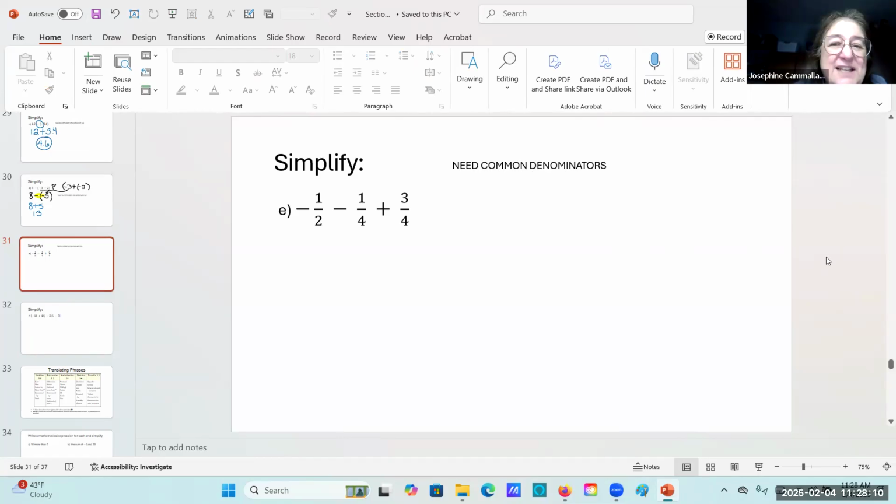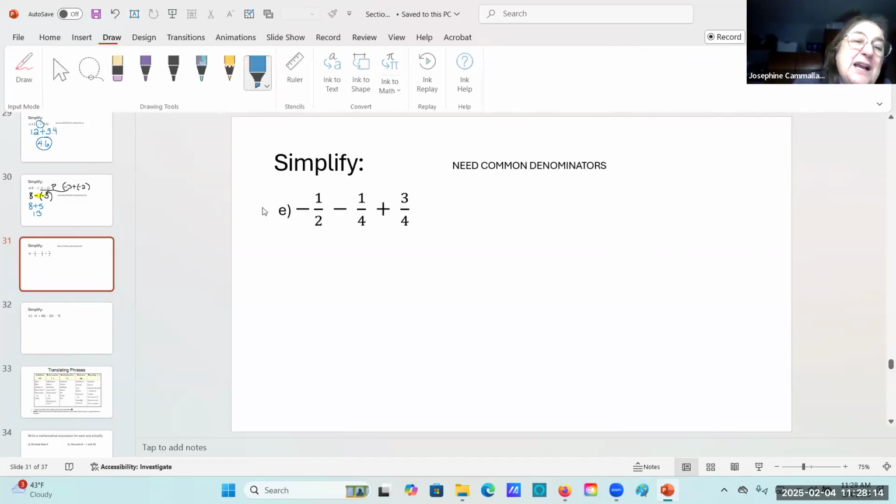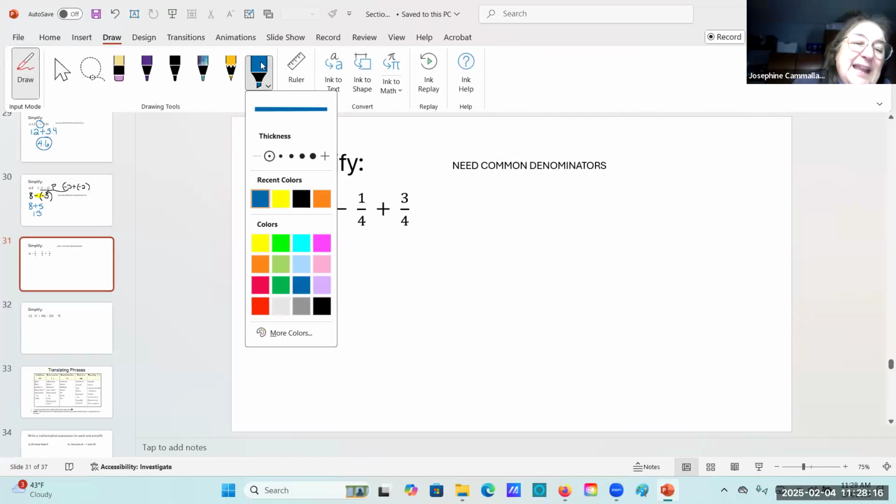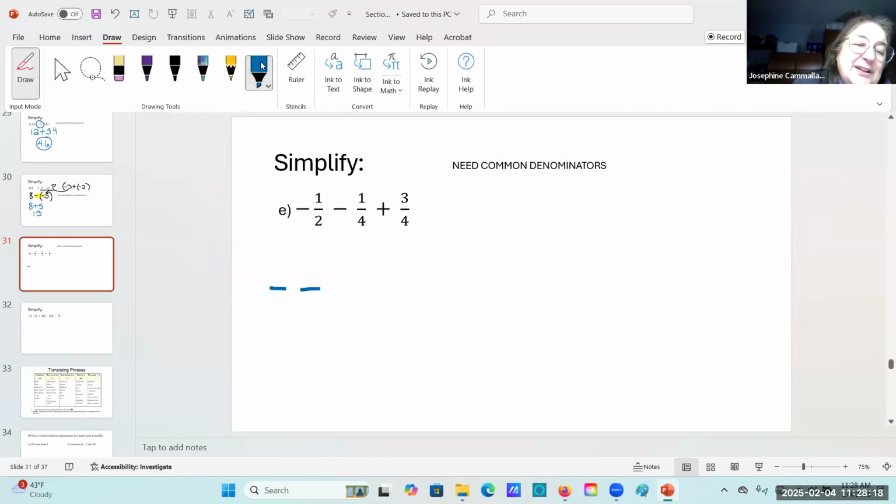There's no parentheses, there's no exponents. So this is going to become a negative 2/4. That's 1/2. Minus 1/4 plus 3/4.